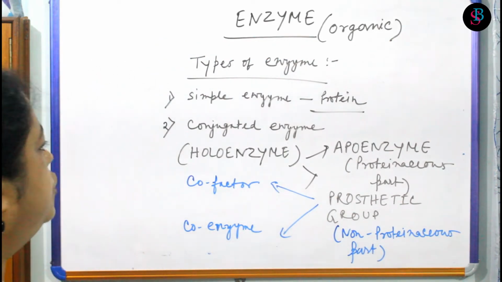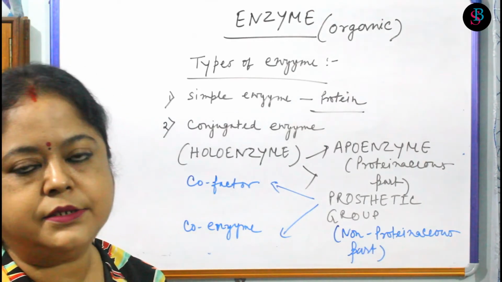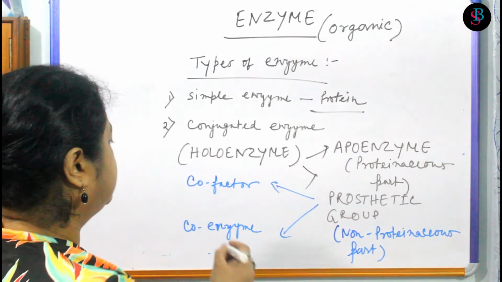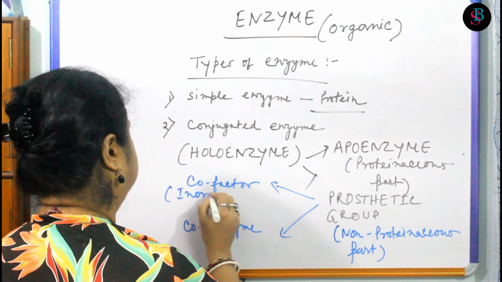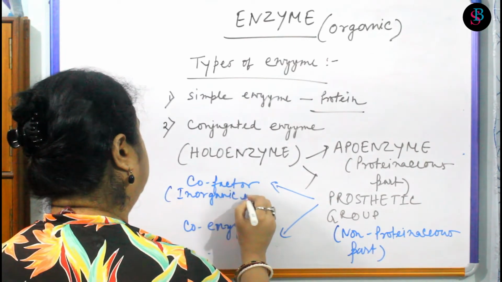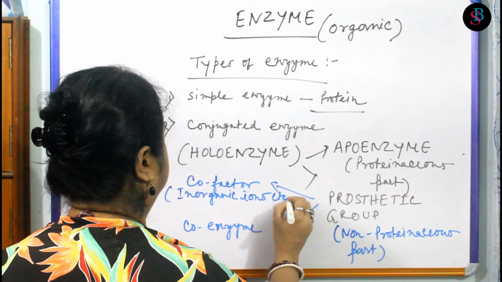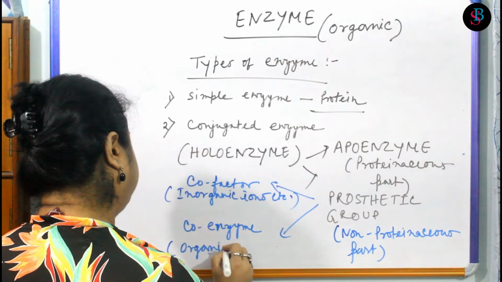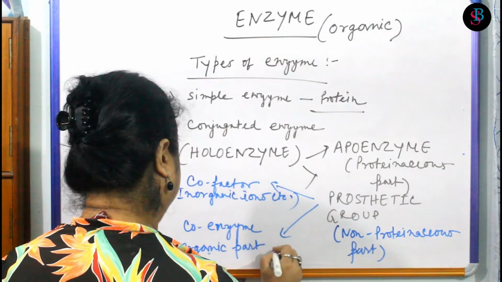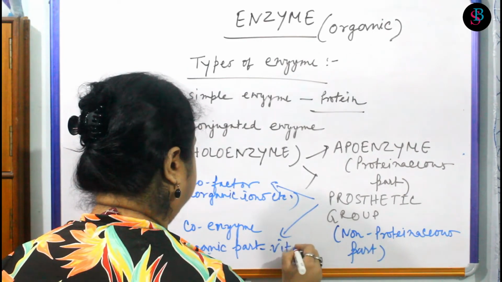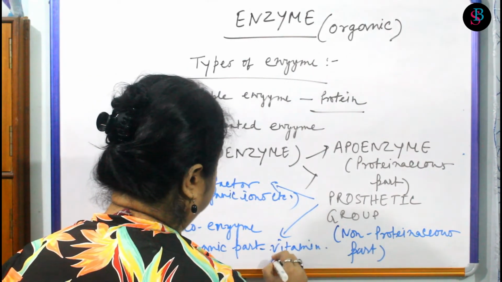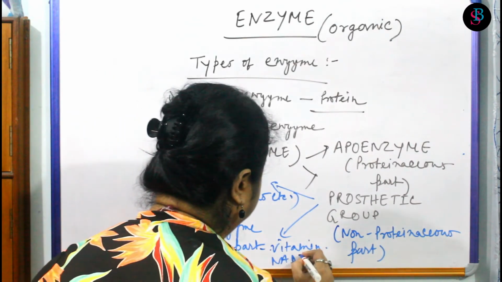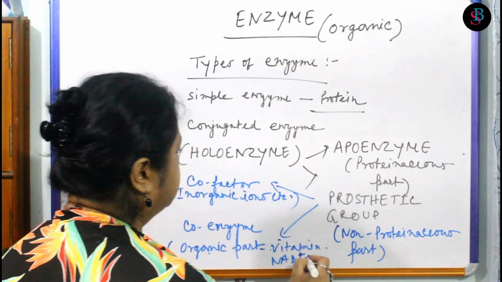What is cofactor? Cofactor is the different mineral ions, metals, etc. These are known as cofactor. That is the inorganic part. And coenzyme is the organic part, like vitamins, NAD, nicotinamide adenine dinucleotide, NAD plus, etc. These are known as coenzyme, which are the organic part.